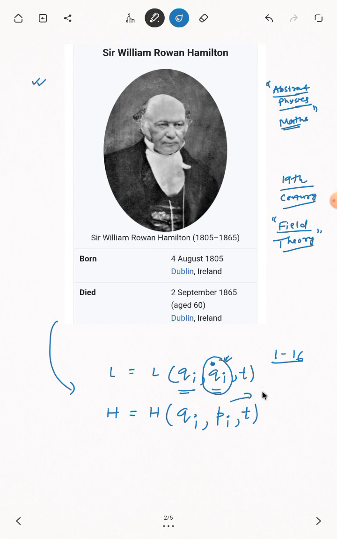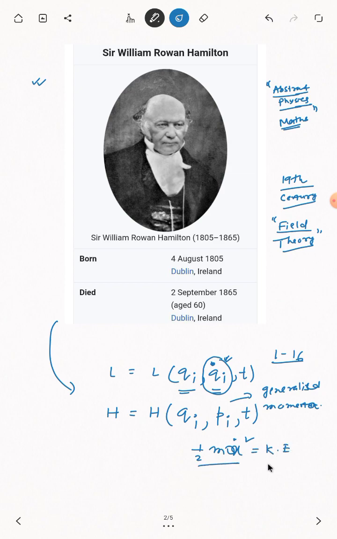What was Pi? Pi was generalized momenta.